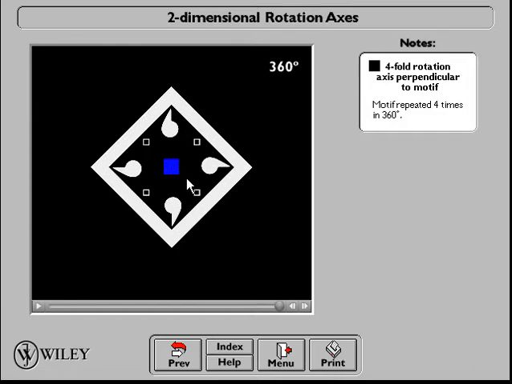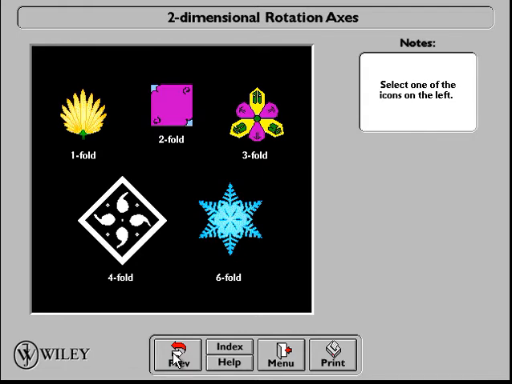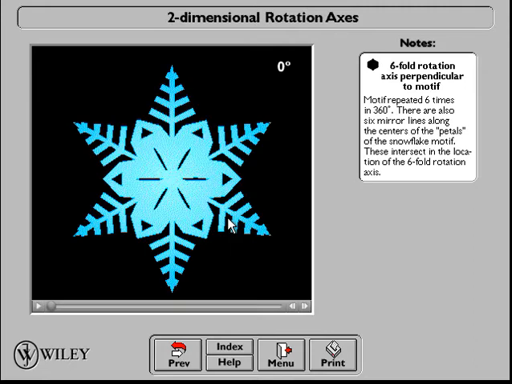So now we are going to the six-fold axis. A six-fold rotation axis perpendicular to the motif: the motif is repeated 6 times in 360 degrees.